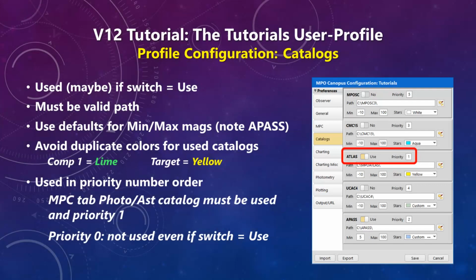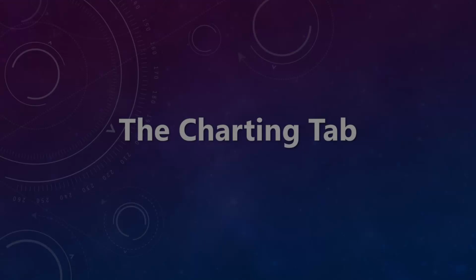Note that when measuring images, the target is always marked with a bright green aperture and the number 1 comparison star with yellow apertures. You can still use those colors for category plotting if you want. You must use and set the priority to 1 for the catalog you specified on the MPC tab, Atlas in this case. If not, you'll get an error when trying to close or reopen the form.